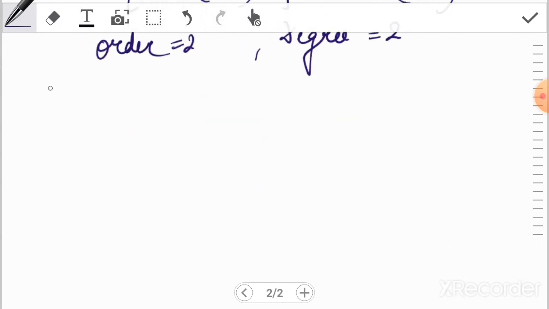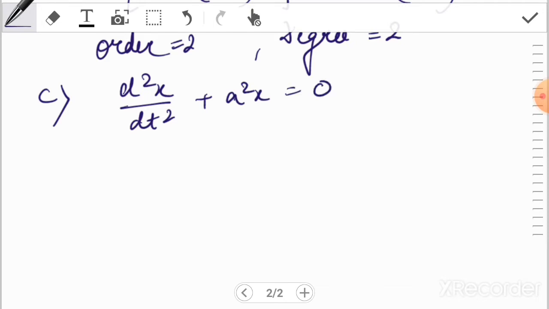Let us see a few more examples. If you have d square x by dt square plus a square x is equal to 0, then obviously the order is 2 because the highest derivative appearing in this equation is 2, and the degree of this is 1, so order is 2 and degree 1.